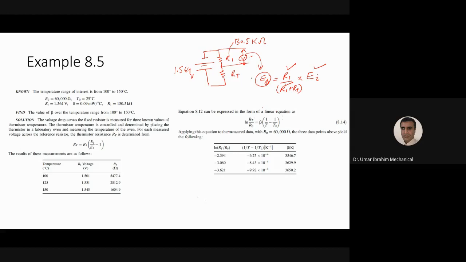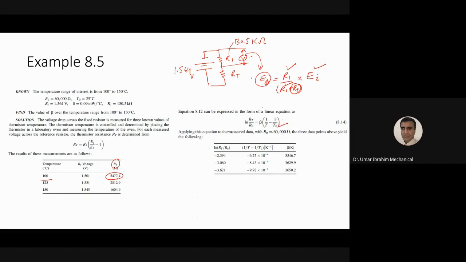So in this equation, the only unknown is RT, the thermistor resistance. Once we know that RT value, let's suppose for 100 degree C, we can use it in this equation. Let's do the whole experiment for one temperature first.